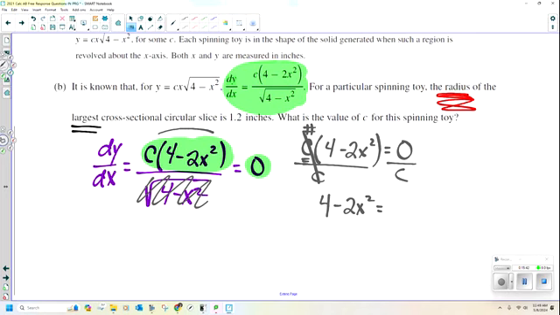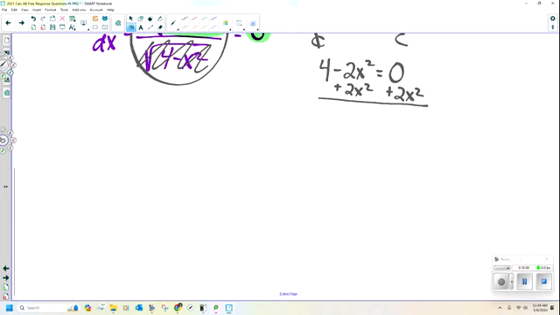When the numerator is 0, it will still be 0. c does not even come into play. So now let's add 2x squared to both sides. I'm going to extend this page. This goes bye-bye. So 4 equals 2x squared.